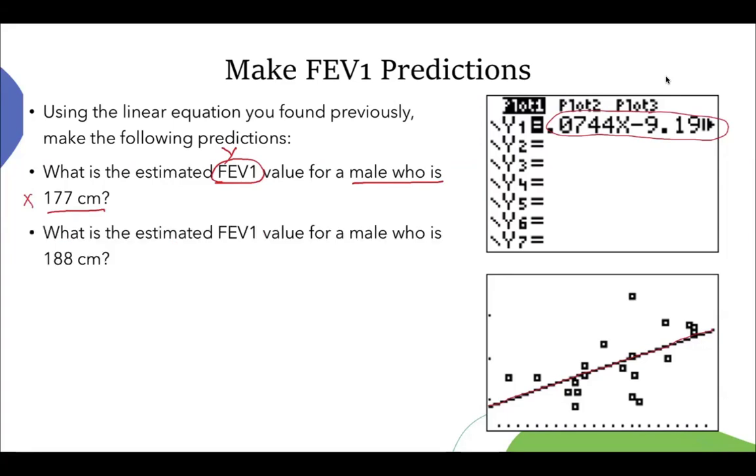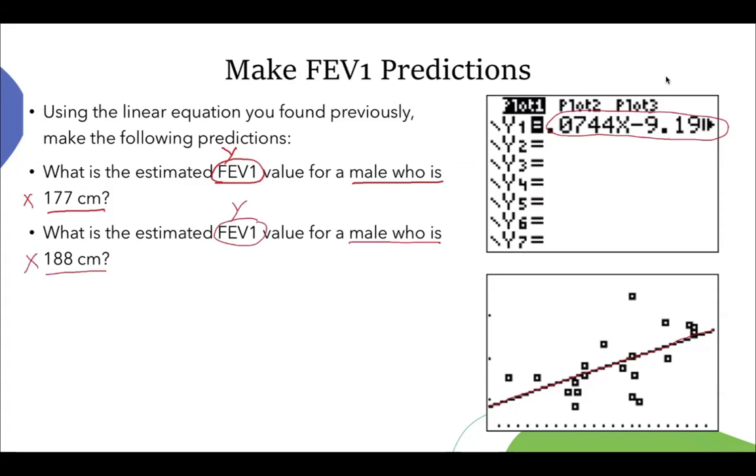So the way we do this is through plugging in a value for X in the equation and getting out the Y. Let's do the same thing again for a different height, a male this time who is 188 centimeters. That's the X, and the Y we're going to be predicting is the FEV1 for the male of that height.